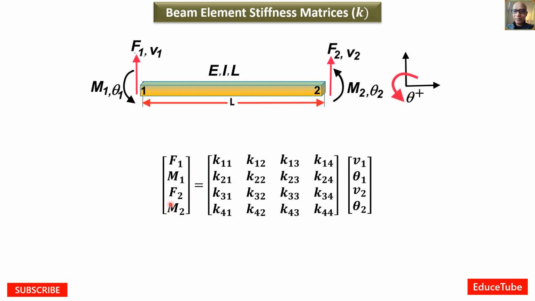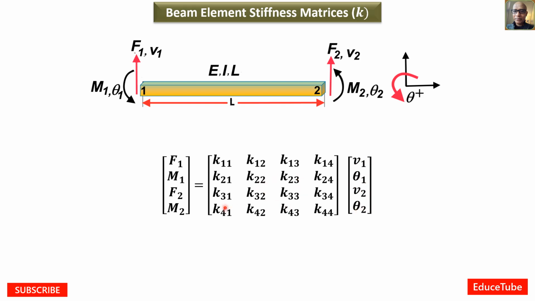So this force vector relates to this one: deflections and rotations. This nu1, nu2 are the deflections and theta1, theta2 are the rotations.